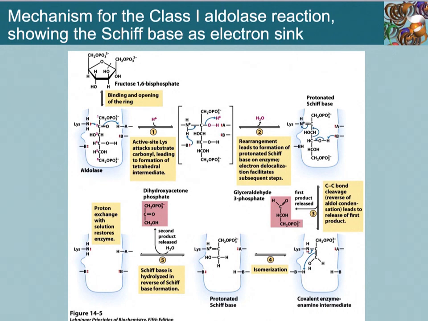So if we look at the reaction here and the mechanism of what goes on in the aldolase enzyme pocket, you have a lysine. That lysine is going to attack the carbonyl. This is why we did the isomerization of glucose 6-phosphate to fructose 6-phosphate.